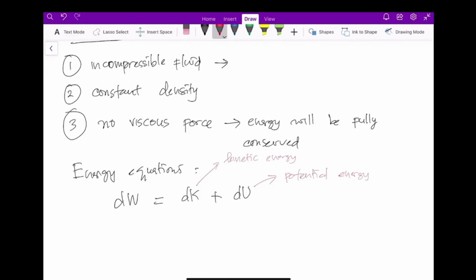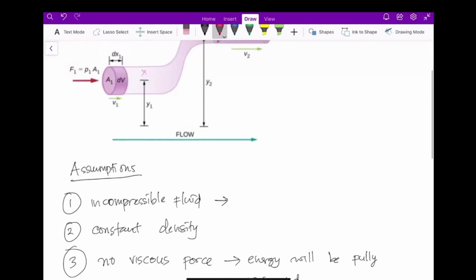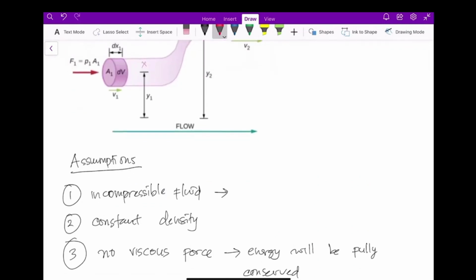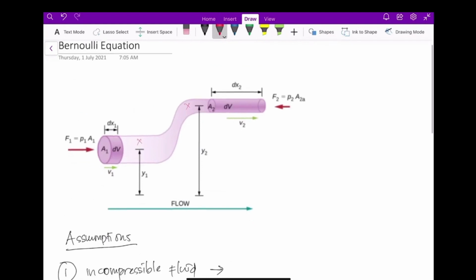This is the conservation of energy that we are going to have for this type of system, because we ensure that energy at any part of the fluid will be conserved.